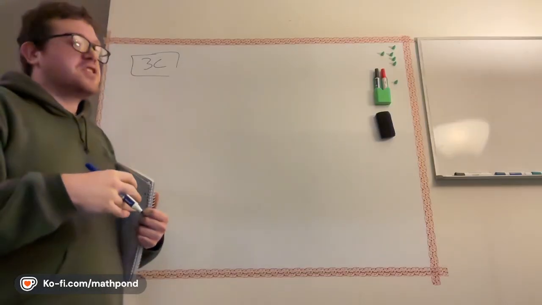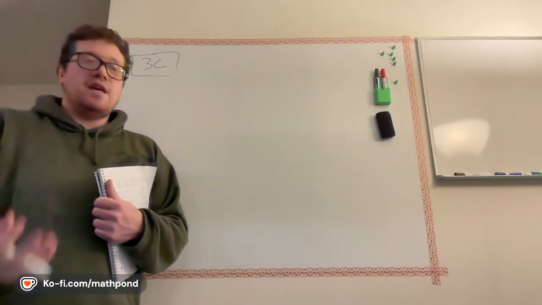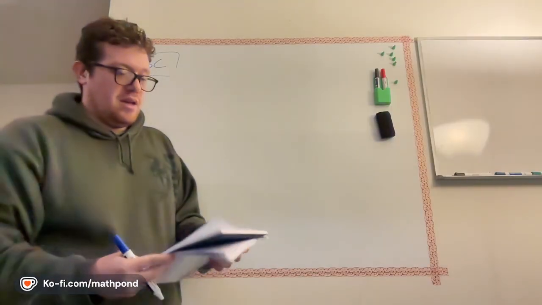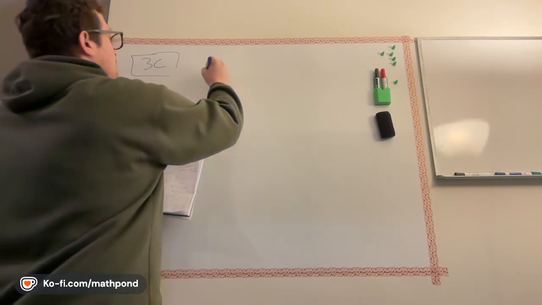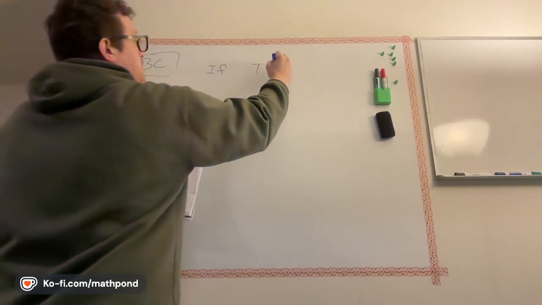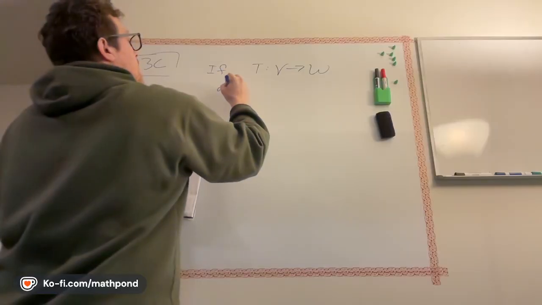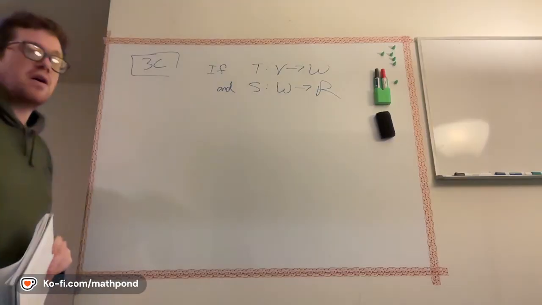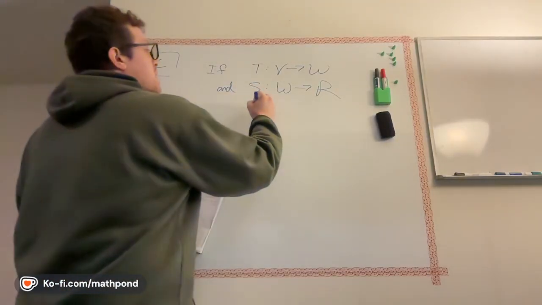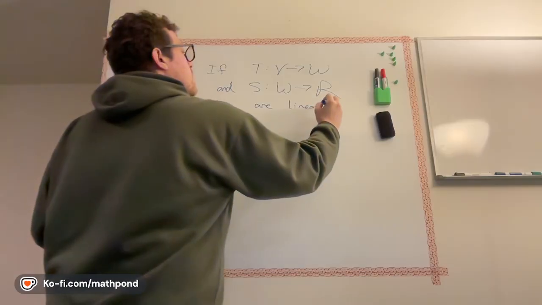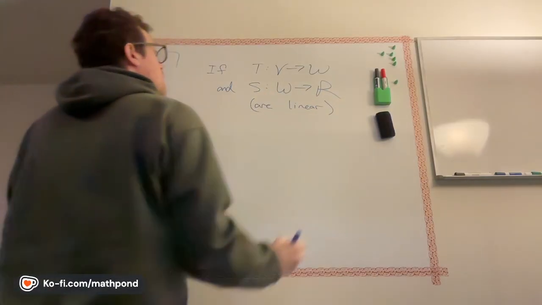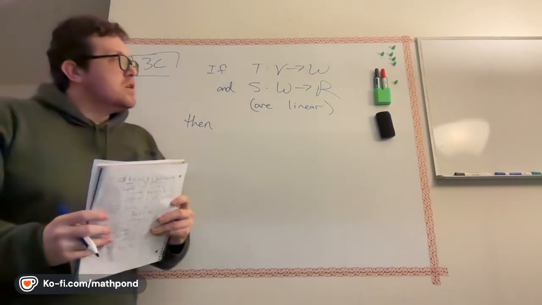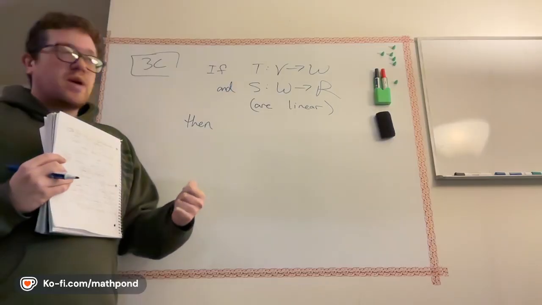So without actually explicitly writing down the definition for matrix multiplication, I still want to give you this important idea. If I have a linear transformation T from V to W, and I have another linear transformation S from W to some other vector space, let's say R, and both are linear, then we can compose these two linear maps and get a new linear map.